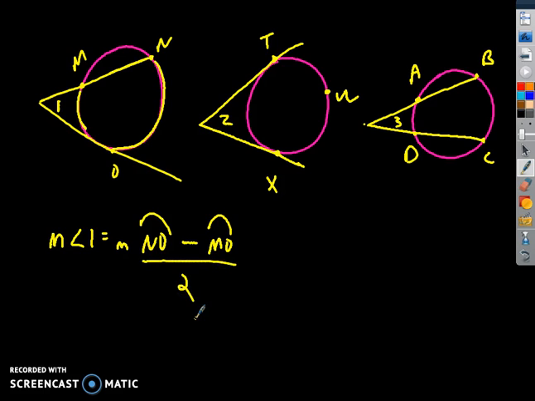So if I subtract the larger one and the smaller one and take it in half, I know it's going to equal the measure of angle 1.